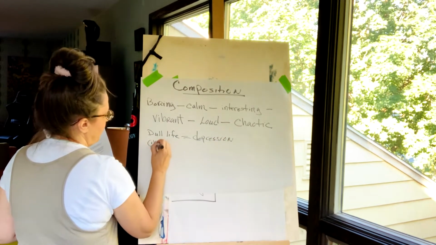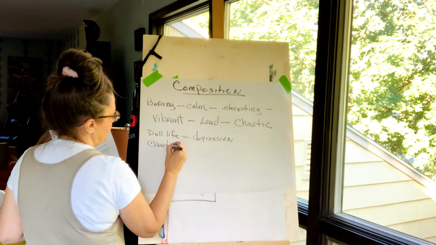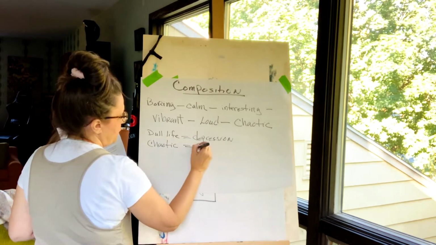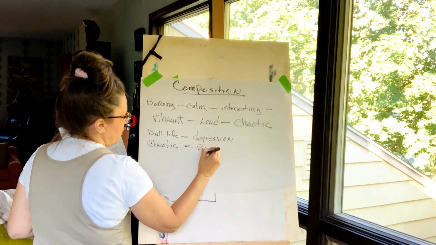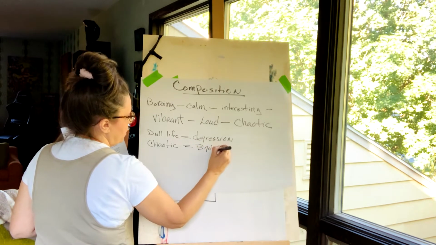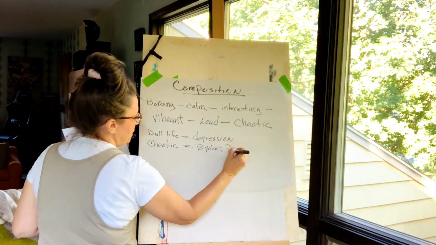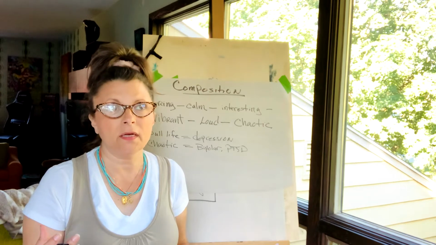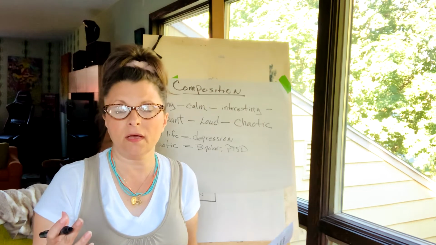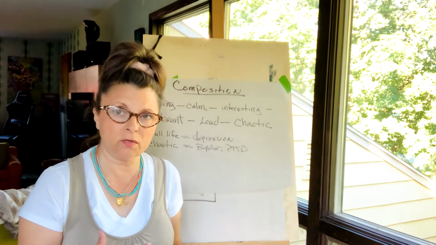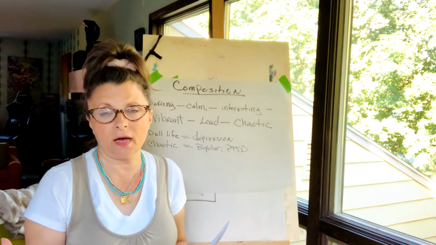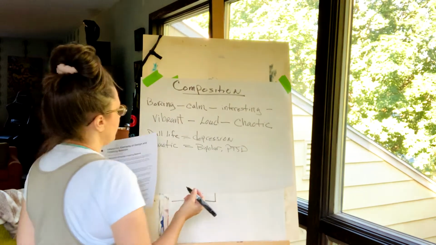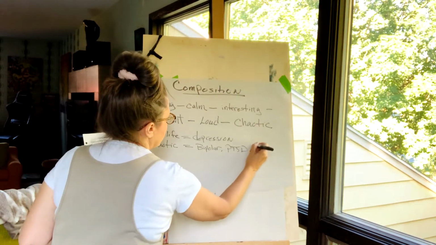To a chaotic life where it almost feels like you could be bipolar or PTSD, any other conditions where anxiety tends to be more prevalent. So dullness in life would be more associated with a tendency towards depression, whereas chaos tends to be more associated with anxiety. Let me just put that here.